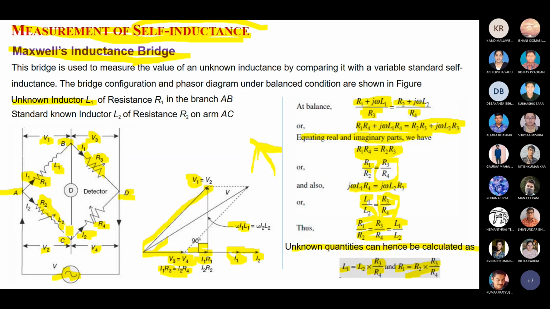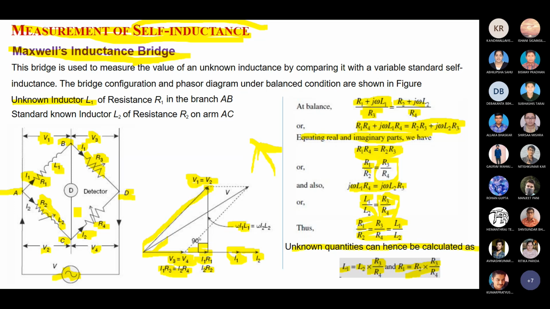Now you know that for the balance condition, V1 equals V2. V2 equals how much? I2 R2 plus j I2 omega L2. So I2 R2 will also be the same here; basically both will be superimposed.